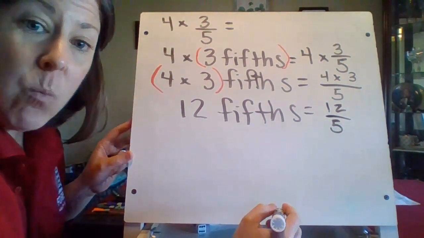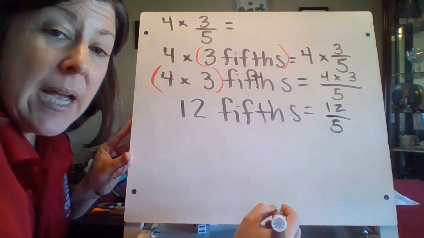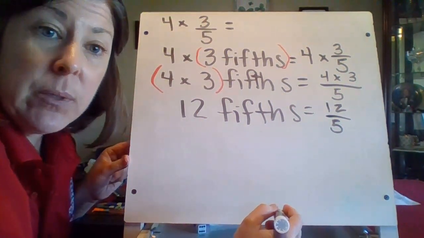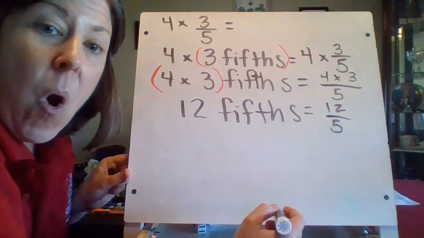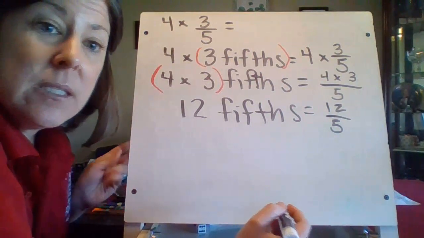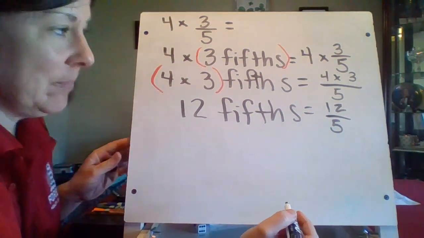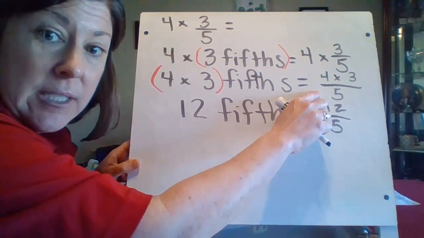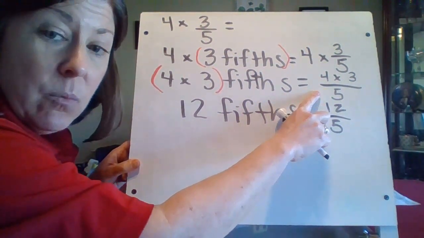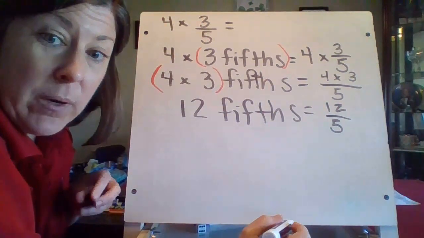So in one sense, on one side, I'm showing the associative property with the unit form. All I did was move the parentheses. Over here, I'm just showing the associative property with my number form.